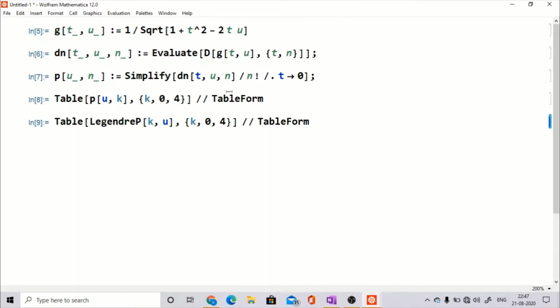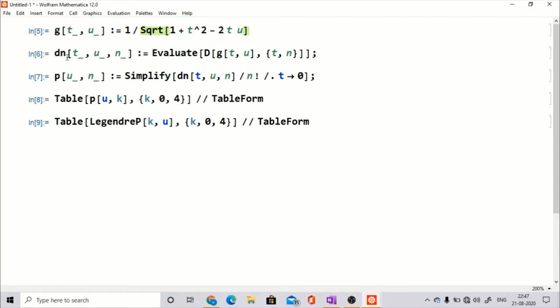You can see that I have defined the quantity which was in the bracket as a function g, which depends on t and u, and is equal to 1 upon square root of 1 plus t square minus 2ut. So I have completed the first step. Now what is my second step? Taking the nth order derivative.